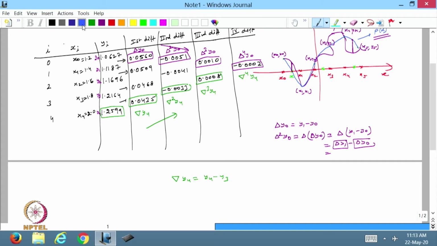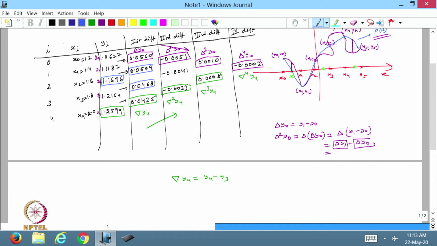The same way I can define the central differencing. Central differencing means I just take the value that is in the center. So, let us choose y2. Now, if you see, this is my y2. Based on this one, I will choose this value and this value.